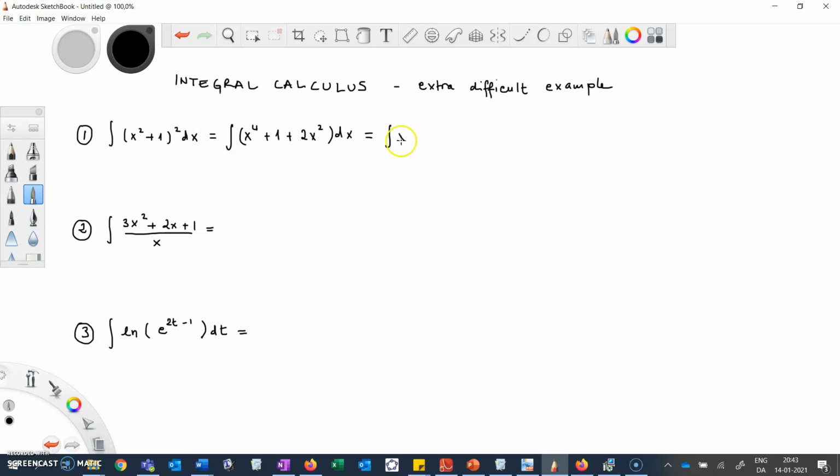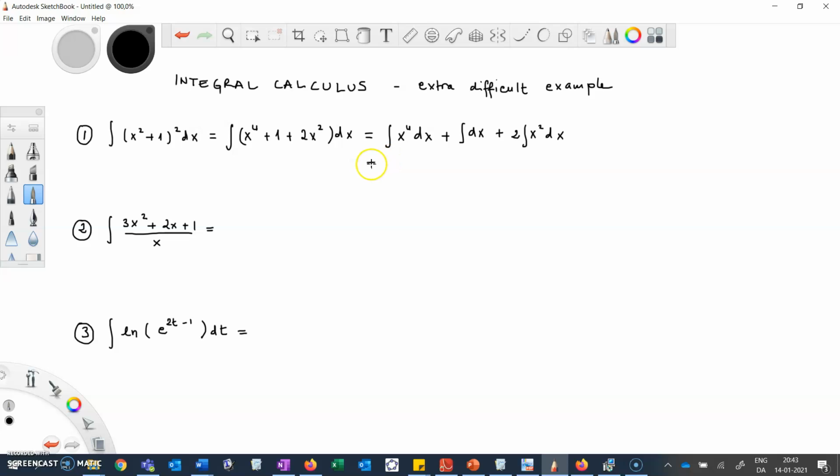Then I will separate it into the first integral, that is x to the power of 4 dx, plus the integral of 1 times dx, plus the integral of 2x squared, so I bring out the 2, it's a constant, times the integral of x squared dx.